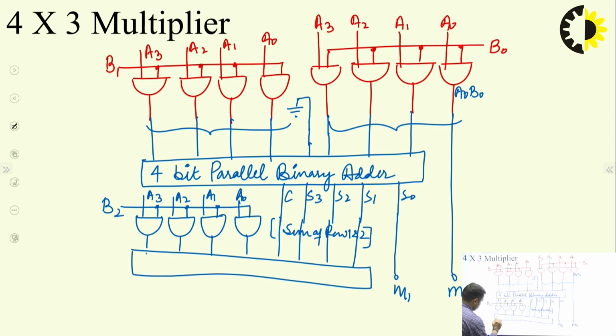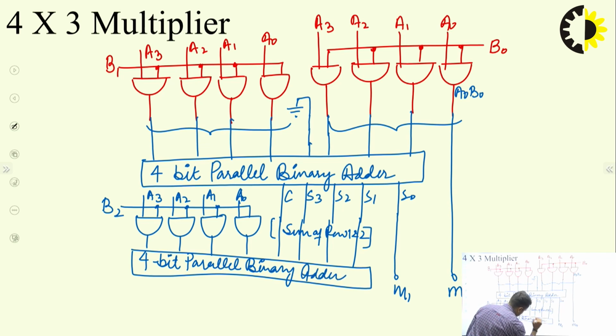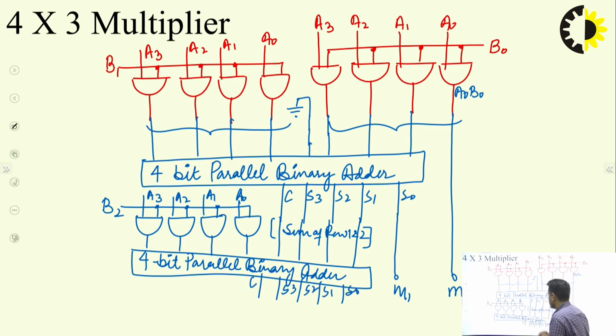using another 4-bit parallel binary adder. Again, it will be producing 5 bits. 4 of them will be the sum S3, S2, S1, S0, and this will be the carry of this adder. And this will be the final step because nothing more is left to be added.